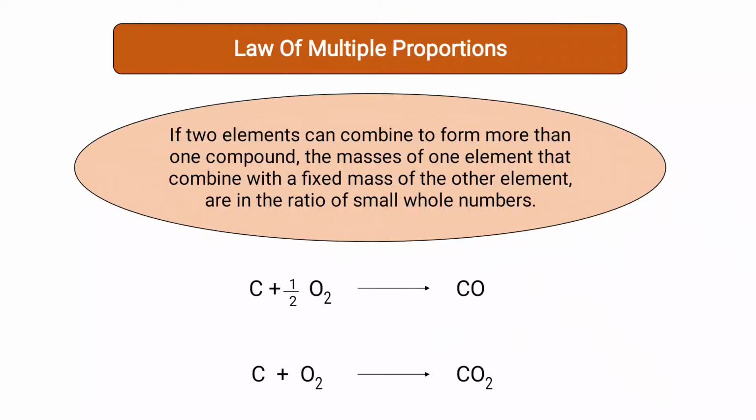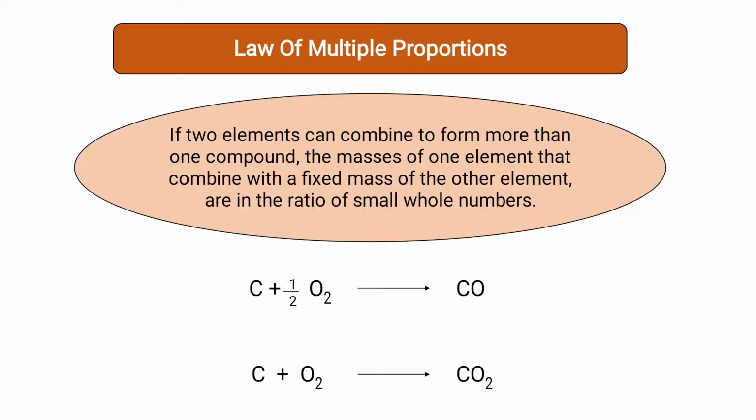if two elements can combine to form more than one compound. Now I have taken the example that is carbon plus oxygen. These are the two elements which will combine to form more than one compound, and the compounds which are formed are carbon monoxide, the formula is CO, capital C and capital O, and carbon and oxygen will also combine to form another product, that is carbon dioxide.